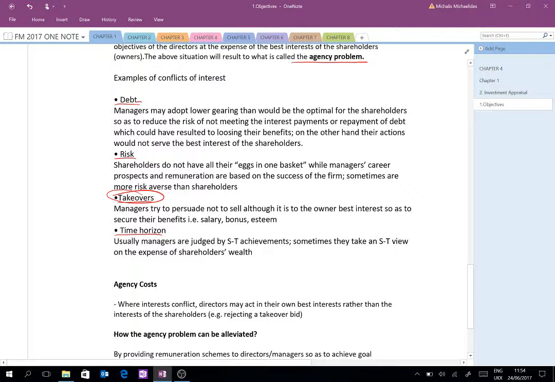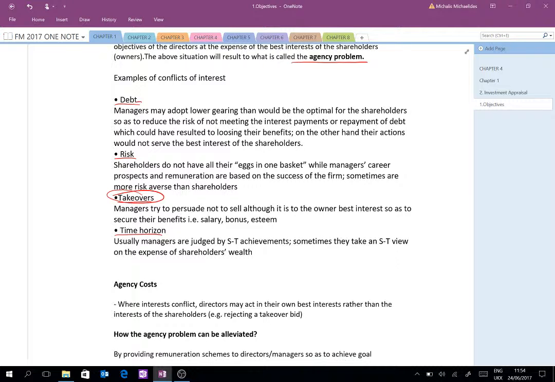So what happens here is that imagine that you have another business which wants to buy our business, and this business makes a very good offer to the shareholders of our business. Strictly speaking, the managers, if they were acting for the best interest of the owners, should have advised our owners to sell their shares.